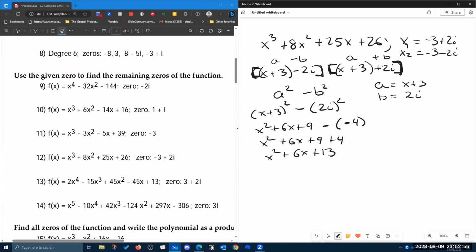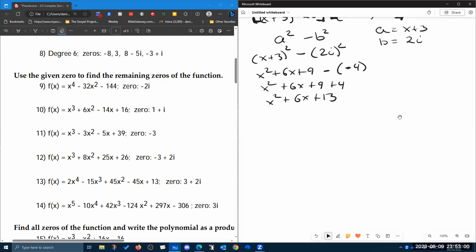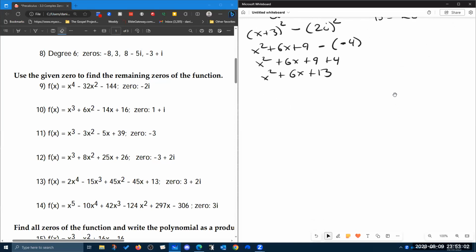And we knew that from the previous problem, right? Because that's what the previous problem broke down into. And we have x cubed plus 8x squared plus 25x plus 26.